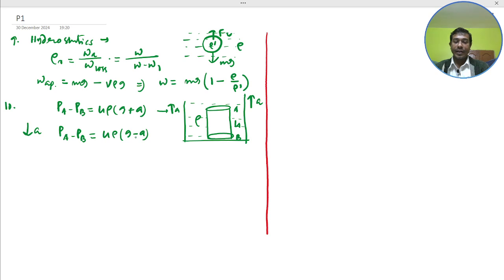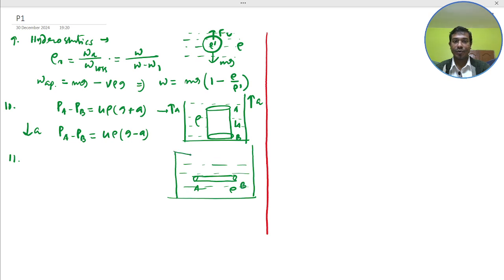Next one, liquid accelerated in the horizontal direction with a naught. I just draw a figure for better understanding. Here is a substance in the liquid with density rho, and the points A and B. Suppose the surface makes an angle theta.